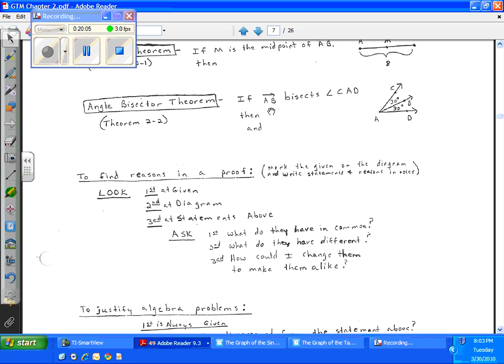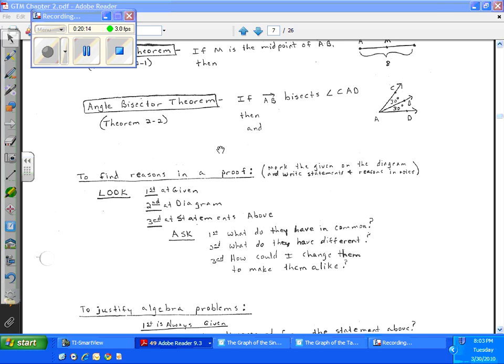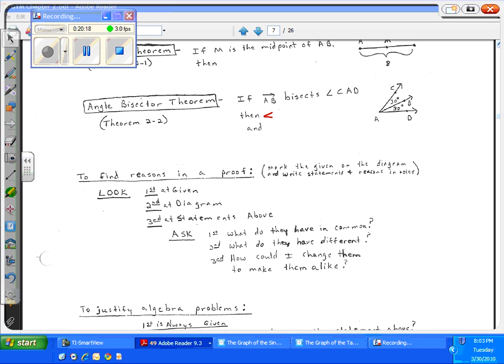So we could say that angle, and I've got to reset my pen here. Excuse me just a second. I could say that angle CAB is equal to 1/2 of the whole big angle, angle CAD.